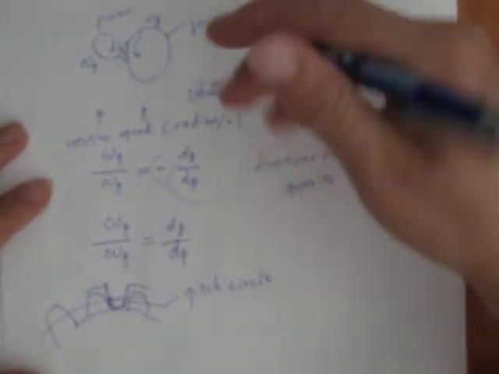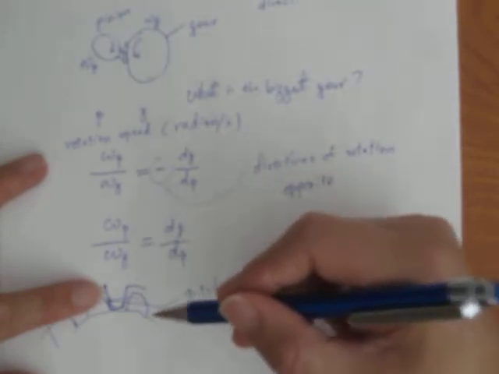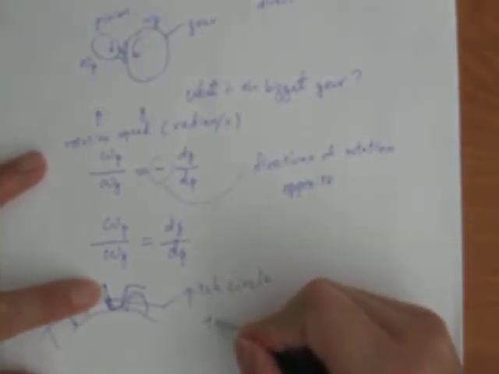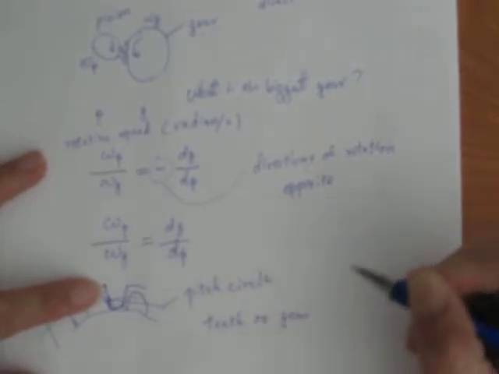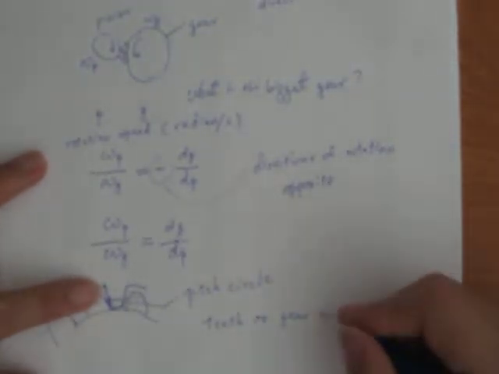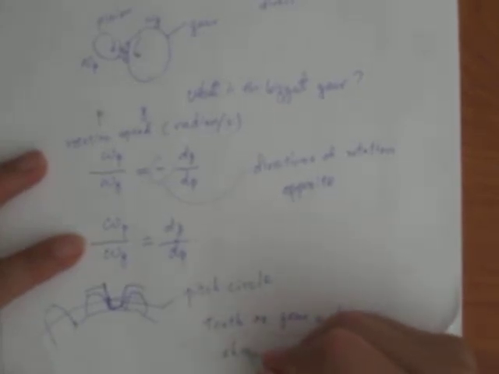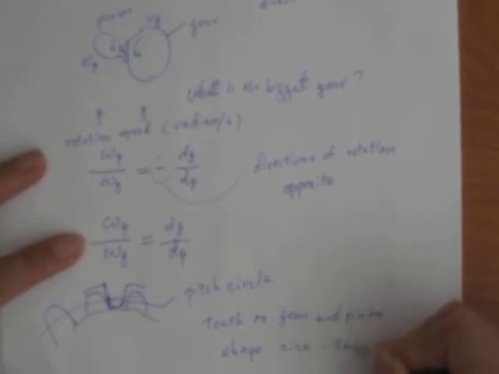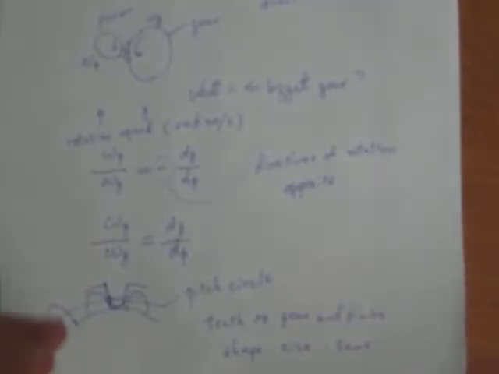No matter how big the gear is or how small the pinion is, the teeth have to be the same. The teeth on the gear and the pinion, shape and size, have to be the same. If not, they're not going to mesh, they're not going to bite each other.